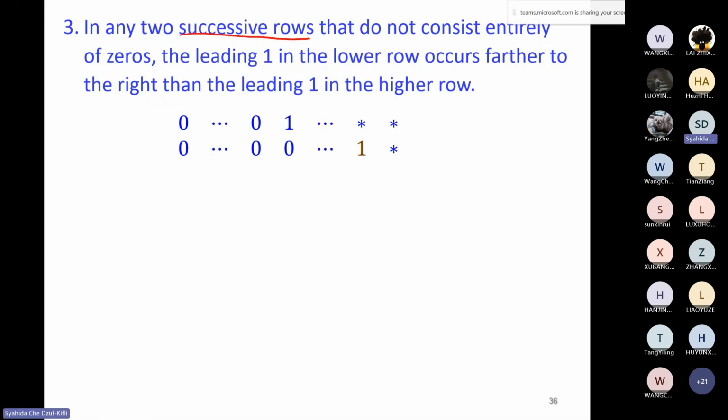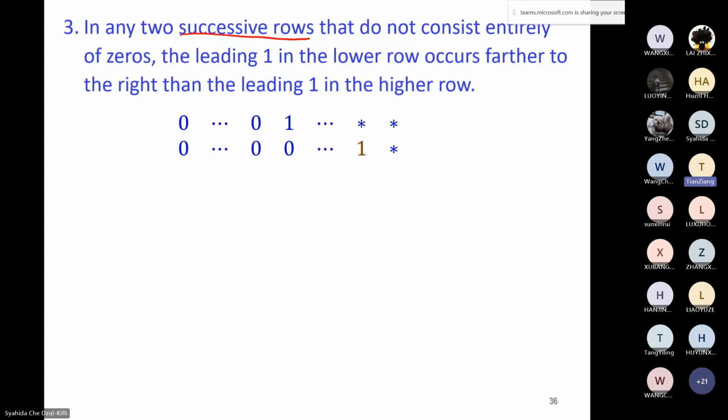Do you understand successive rows? Two rows that are together, one following the other. Is that clear?